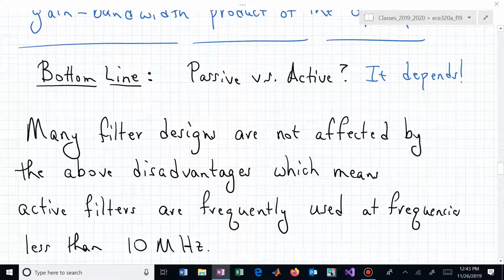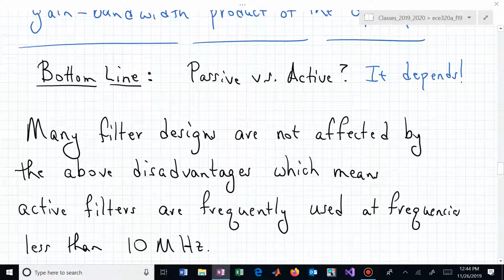And if that's the case, then you'll probably go with an active filter, especially if you're working with frequencies less than 10 megahertz. So there's the fireside Goldilocks fairy tale story that I've now read to you from the screen.